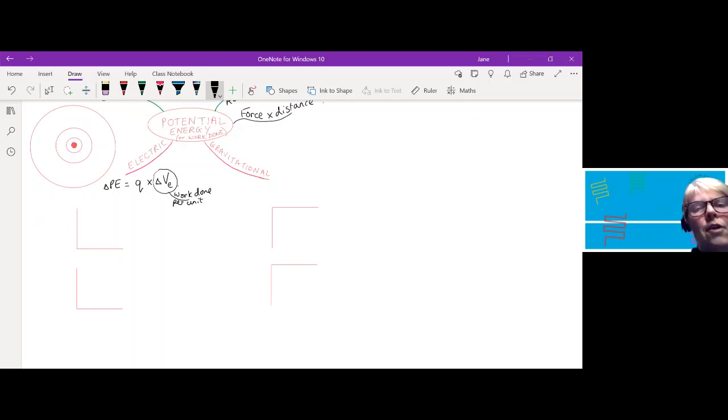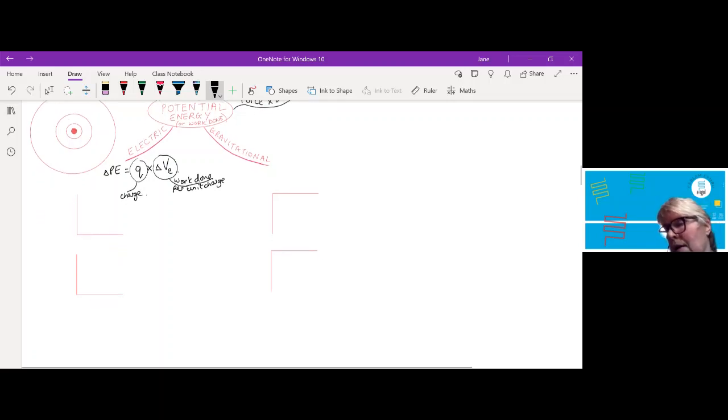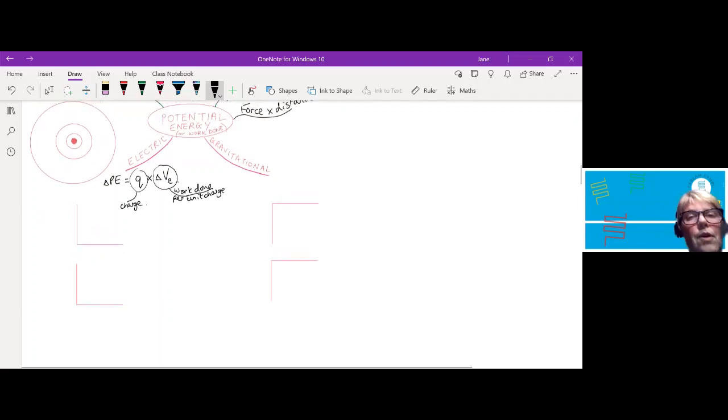So all we have to do is multiply it by the charge, and it gives you the energy or the work done. The work done is the same thing as the energy, and that is given in joules. So potential energy, all of it will be in joules, whether it be gravitational or electric.